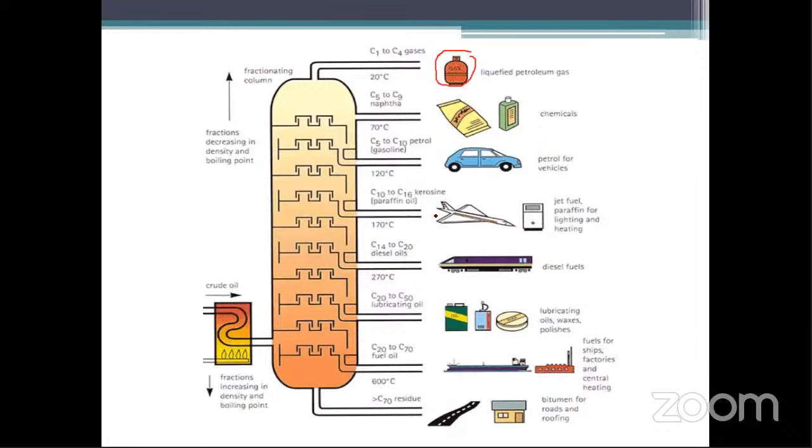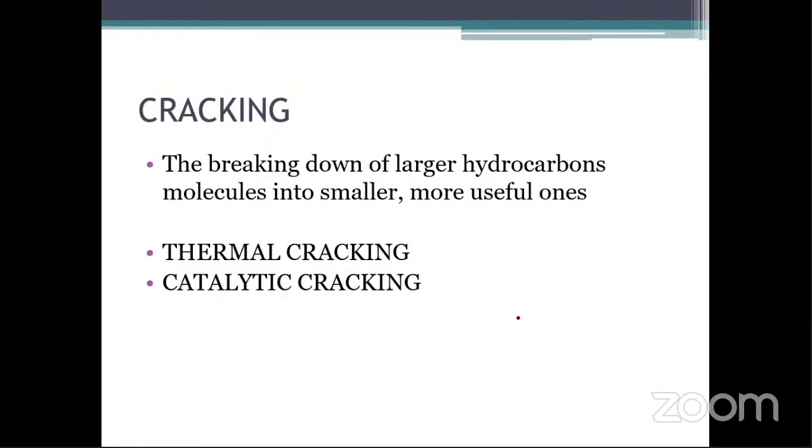You have more people that want to cook food than want to fuel a ship. Everybody with me so far? Yes, miss. So you have to break down those larger hydrocarbons into smaller ones, and we call that cracking.